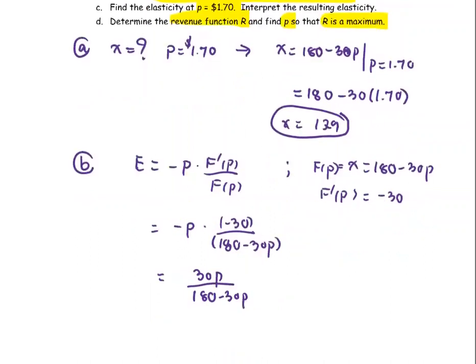We notice that the denominator can be factored by 30 to get 30 times 6 minus p. The 30 and 30 reduce. Therefore, the elasticity of demand function in terms of p is p divided by 6 minus p.